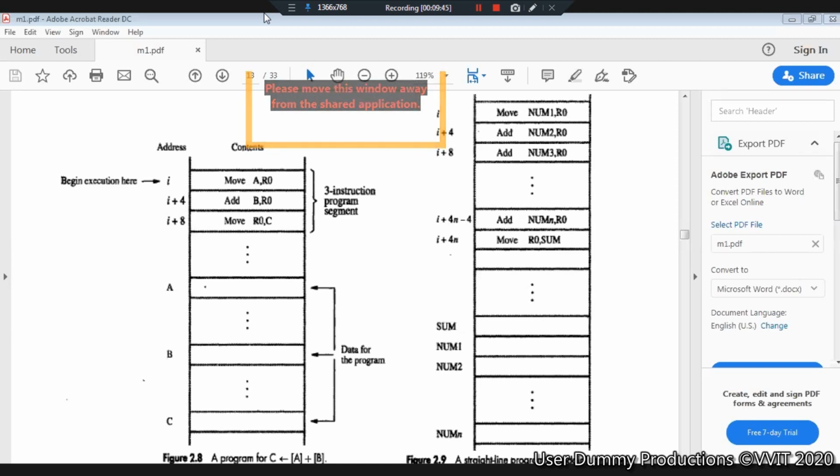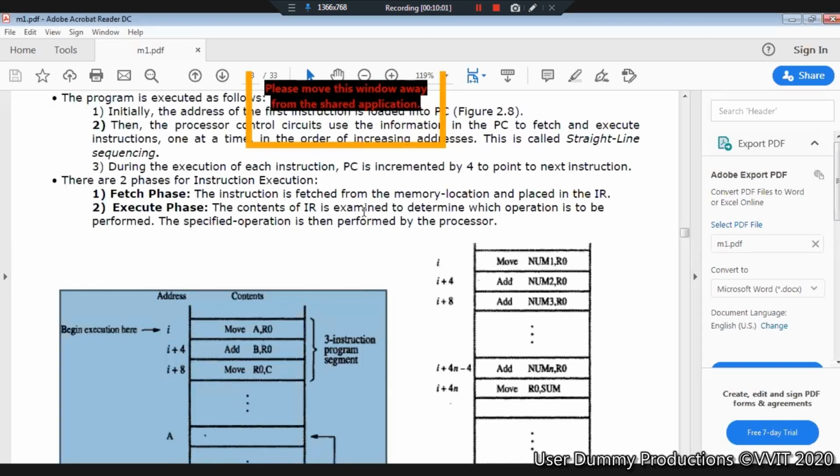Yes, so the PC will be loaded with I initially and it takes the instruction MOVE A, R1 and executes it. After finishing that execution, the PC will be automatically incremented by 4 after each execution, since each instruction size is 4. It will increase in the order of 4. That's why I plus 4 and I plus 8.